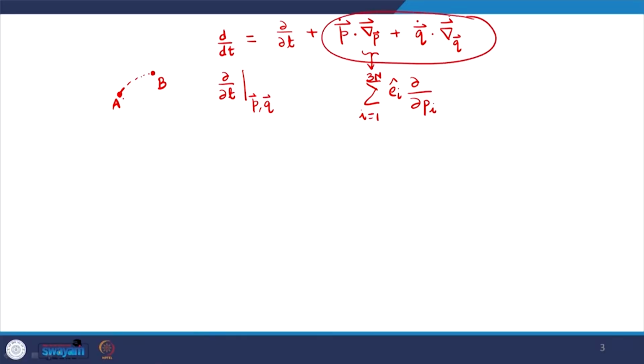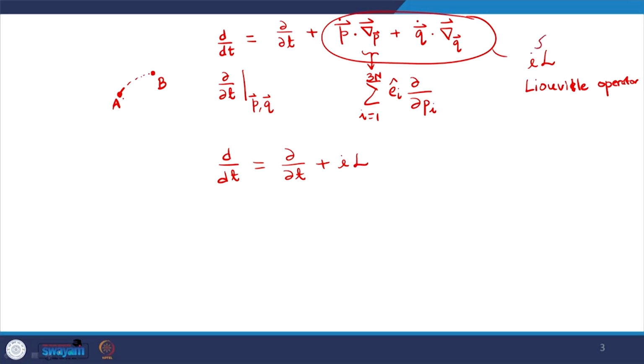So, then this quantity is defined as the Liouville operator, and it tells me that my d by dt can now be represented as something like del by del t plus iL.